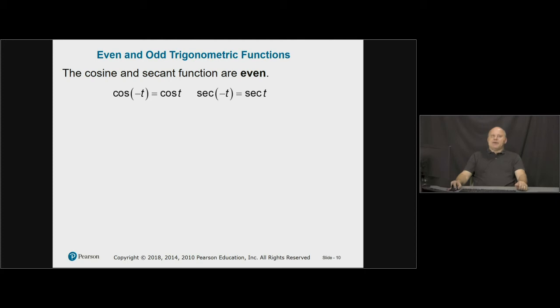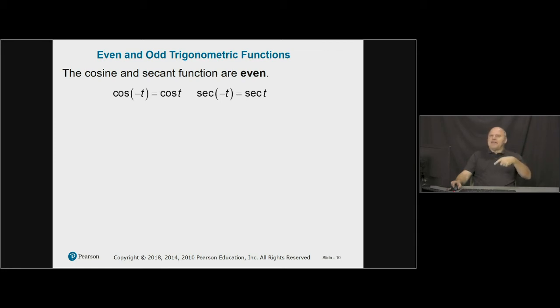Now you might want to know, well, why is that true? Well, if you remember, t and negative t are just opposite directions on the xy axis. So t would have a coordinate of (x, y), and negative t would have a coordinate (x, negative y), because you're going in the other direction.